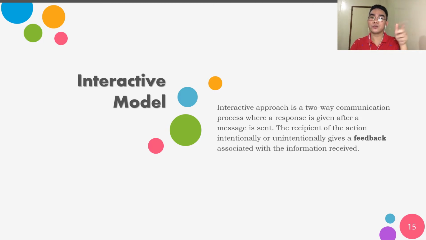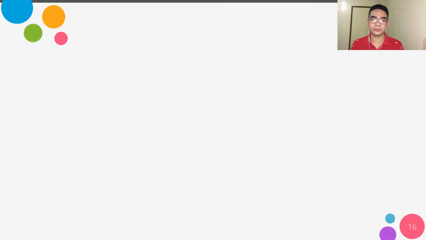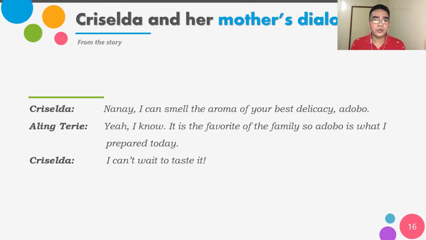We're going to discuss clearly here on our next slide the example of the interactive model. There is an example here about a dialogue, from the story earlier that you have read on the previous page. Griselda and her mother's dialogue is from the story, if you were able to read it.